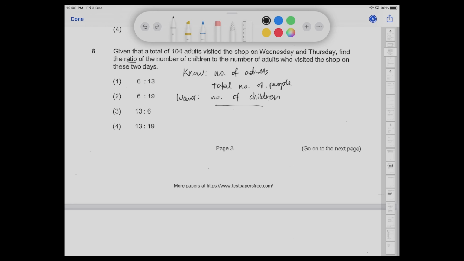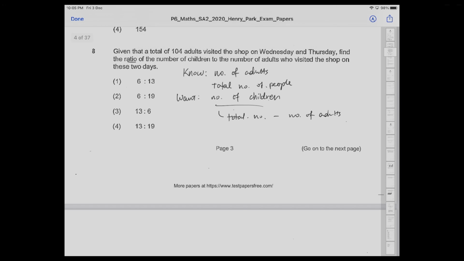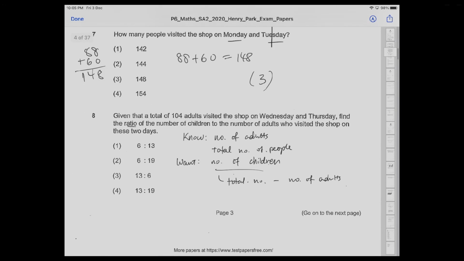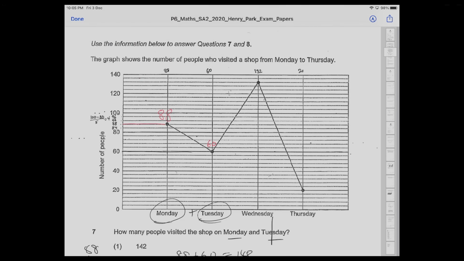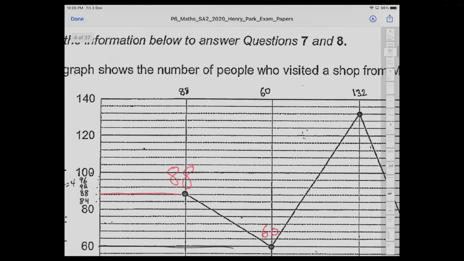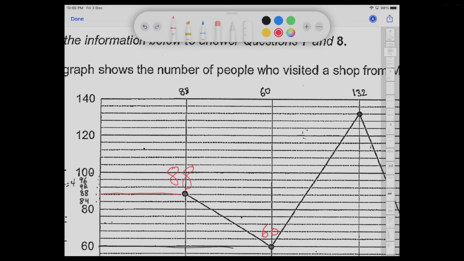How do we find this then? It's just the total number of people minus number of adults. Let's see. You just have to see, yeah, this is Wednesday and Thursday. So, Wednesday, just draw a line here.